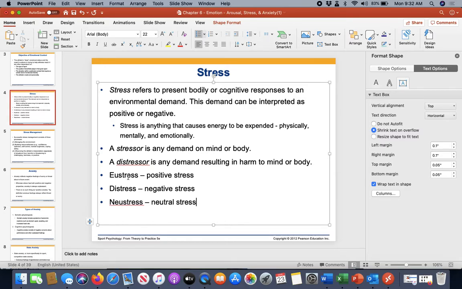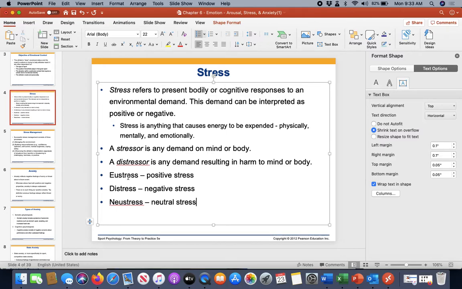It's physically and mentally potentially stressing the body and the mind, but at the same time it's a positive one. Distress is where if mom's yelling at you for not mowing the lawn, that's going to provide you with negative stress. That's distress.